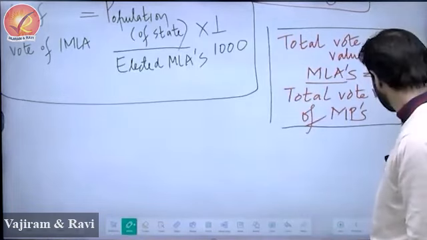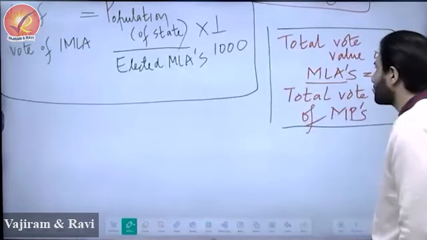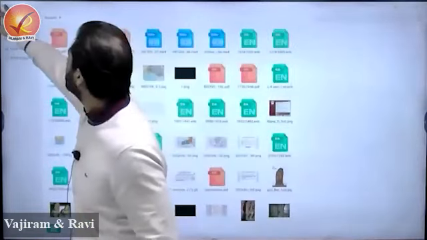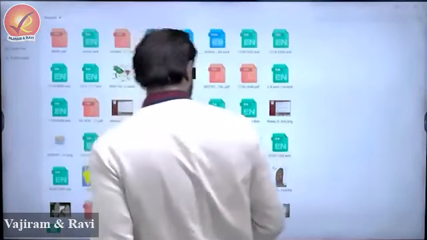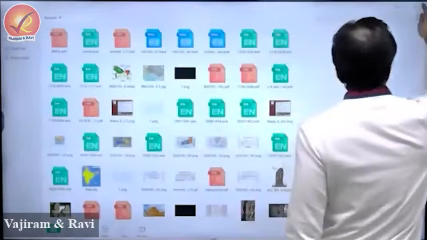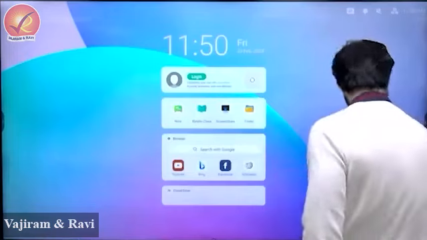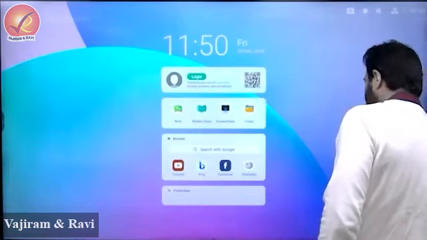It's a Chinese screen, so it takes time. I don't think it's working, so I'll write on the board.